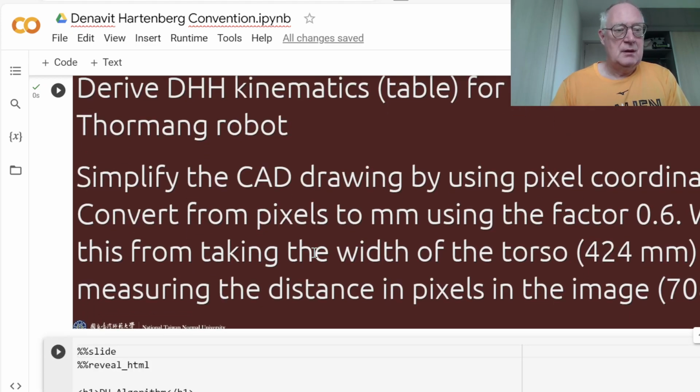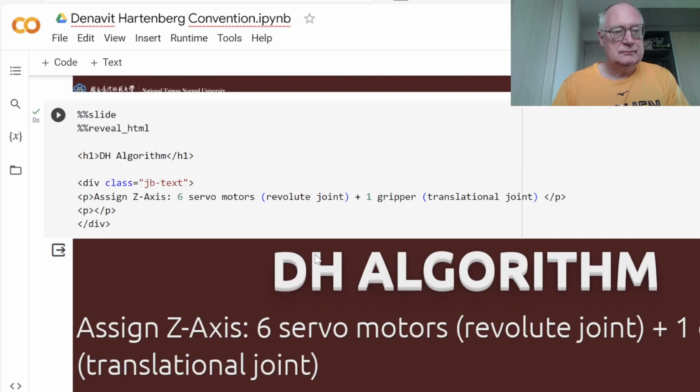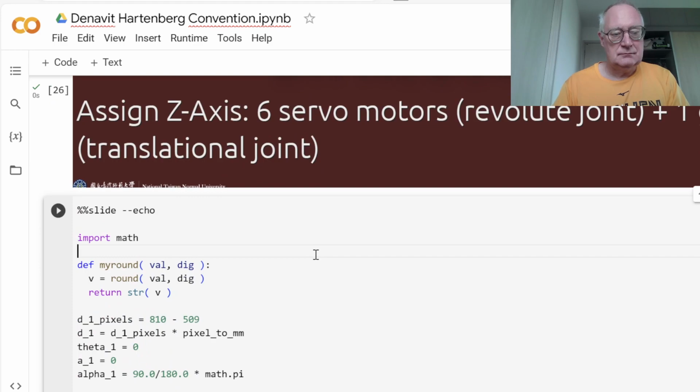And then here, so define the round part.